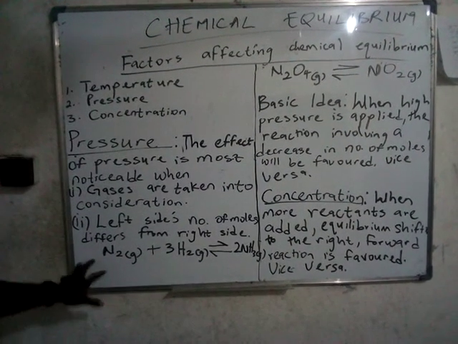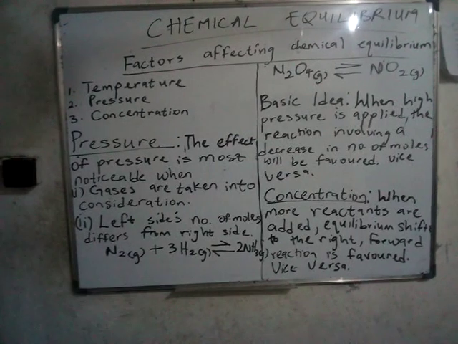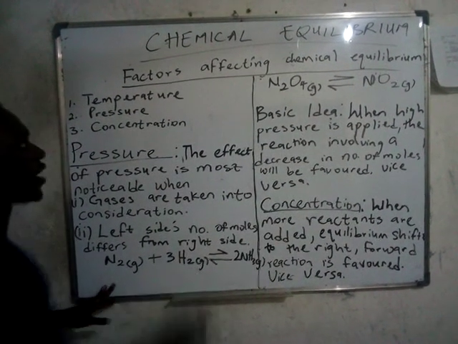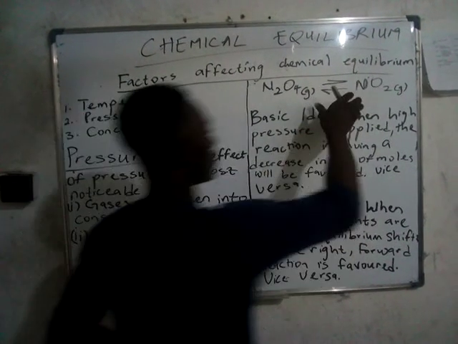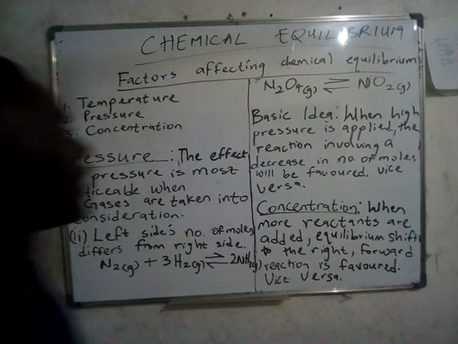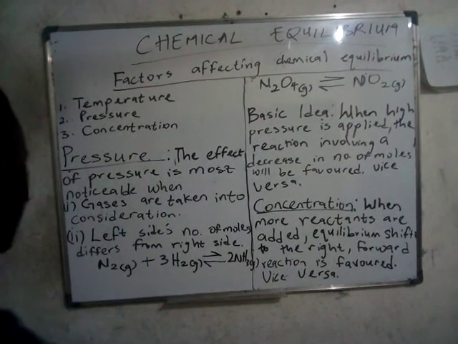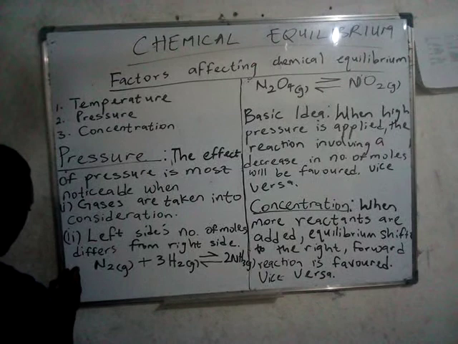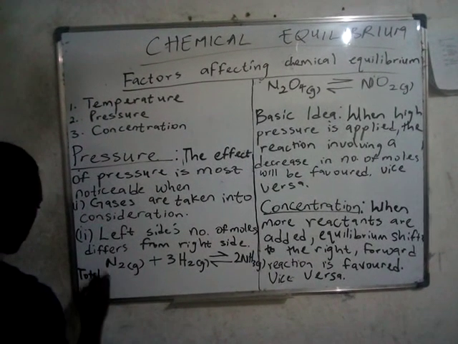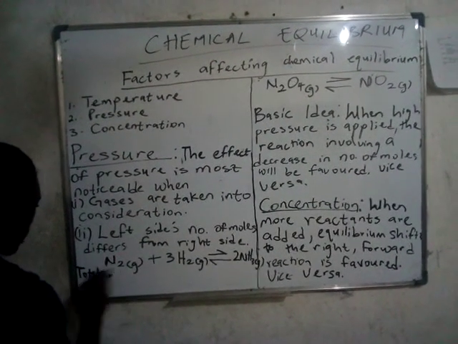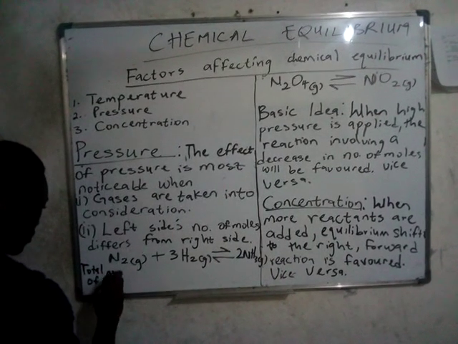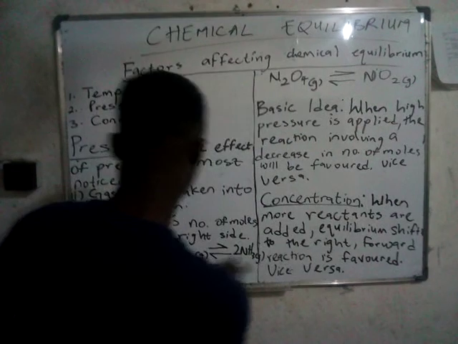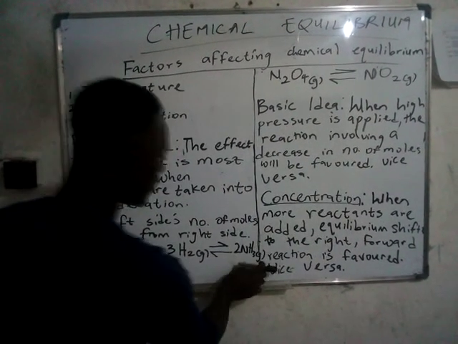So for the first reaction we have here, we're going to be looking at the effect of pressure on this reaction and also on the other reaction. For this reaction, we're going to see the total number of moles for the left side and the right side.